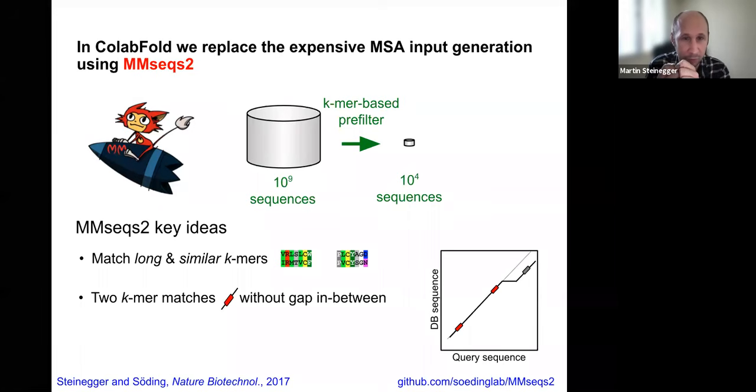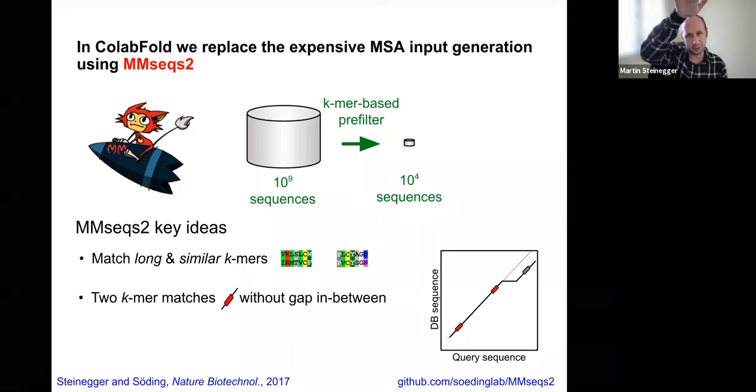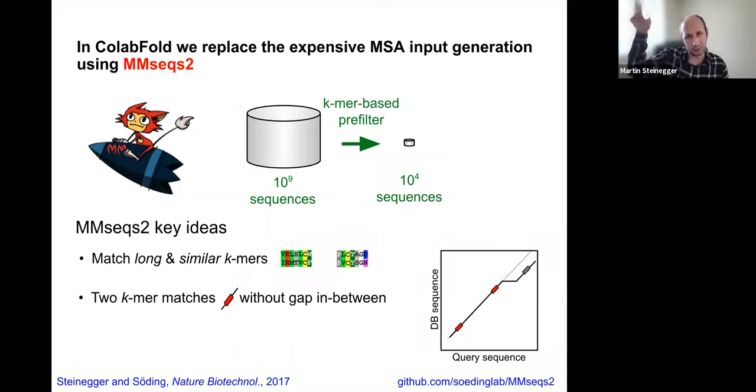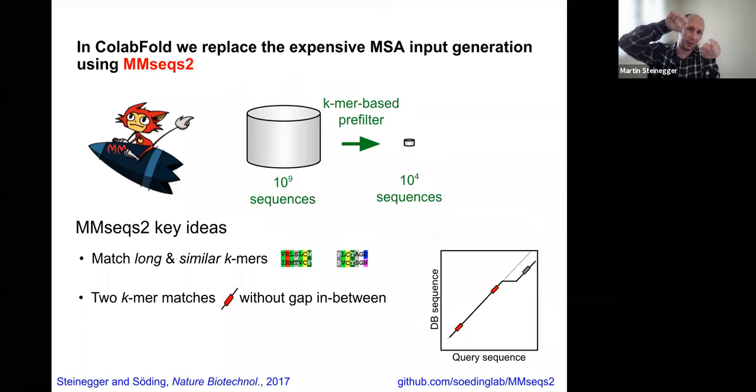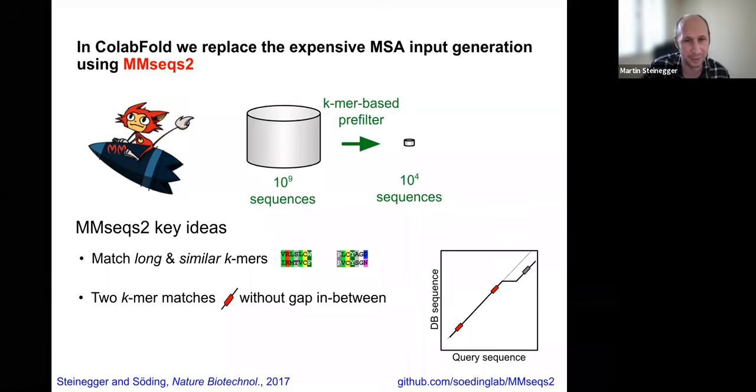So we go through the query sequence, we find our k-mer matches, and for our k-mers we build lists of similar k-mers, and then we search them in the target database, and we find proteins where two of these k-mers occur on one diagonal, so like double diagonal hits actually. And once we find a sequence that has a double diagonal k-mer hit, we do a full alignment, like an expensive Smith-Waterman alignment for that sequence.